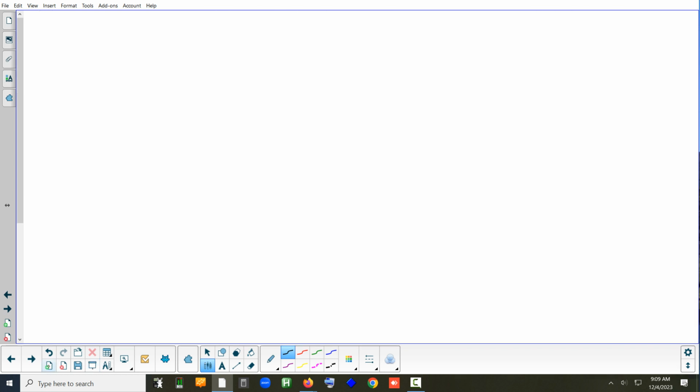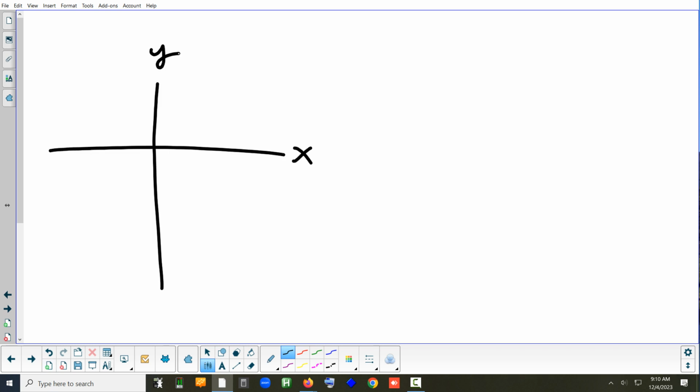All right, so let's look at this. I'm going to make a point on my x-axis right there. Does everyone agree that that point is on the x-axis? Okay. What are the coordinates of this point?